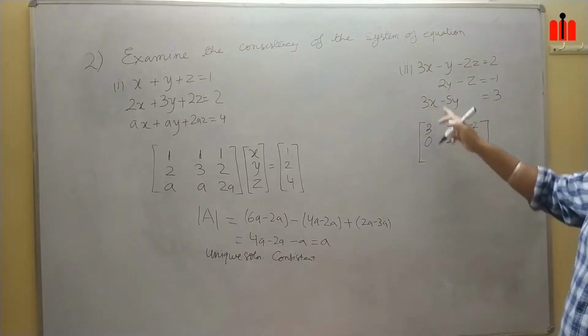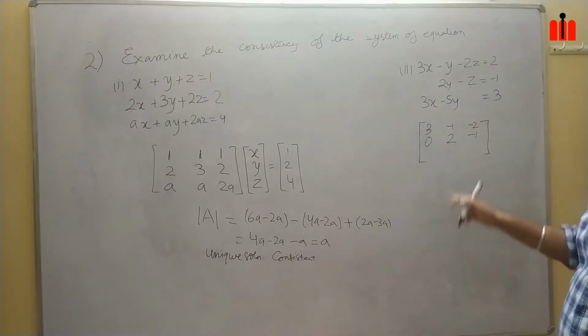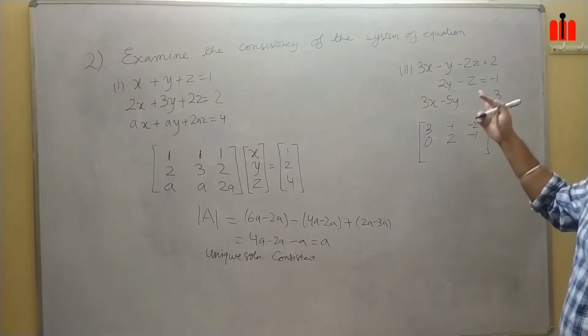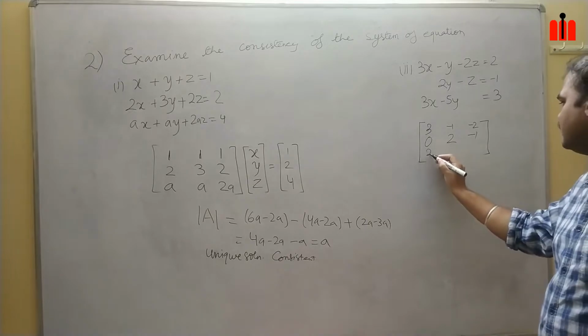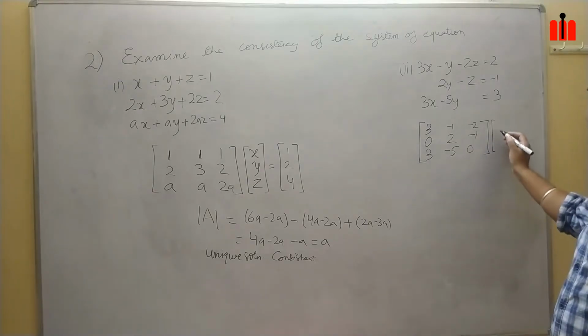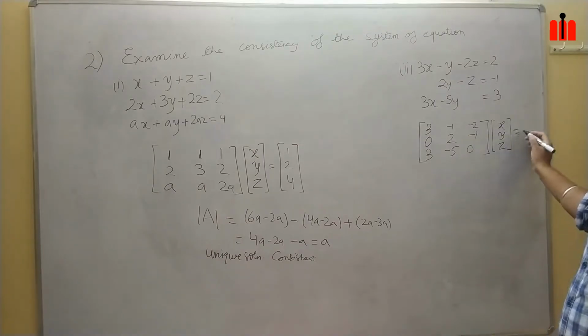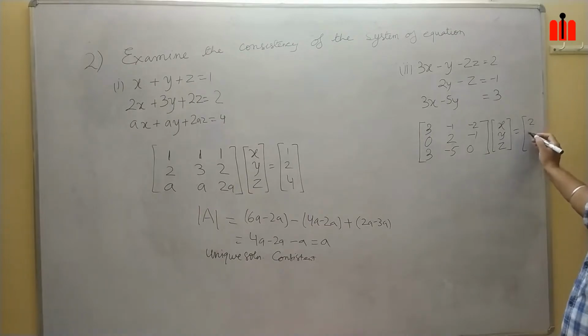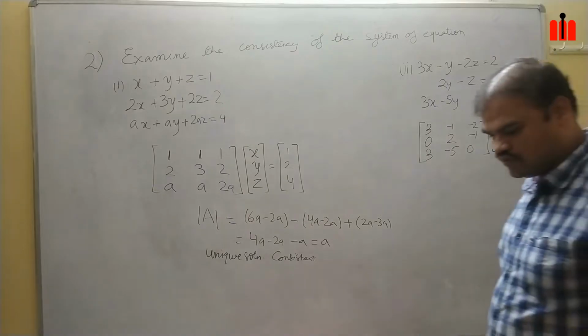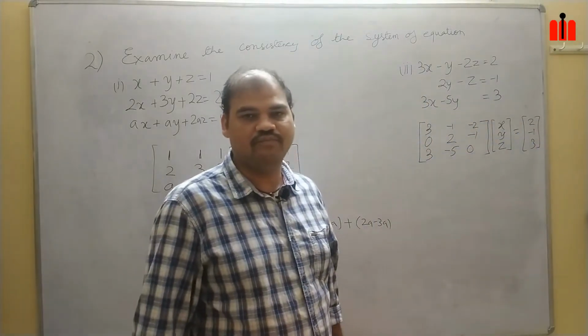Z coefficient is minus 1, y coefficient is 2. X coefficient is 3, y coefficient is minus 5, and here the z coefficient is 0, that's why the z term is not there. So it will be 3, minus 5, 0. X, y, z equal to 2, minus 1, 3. Okay, so this is my Ax equal to B form.